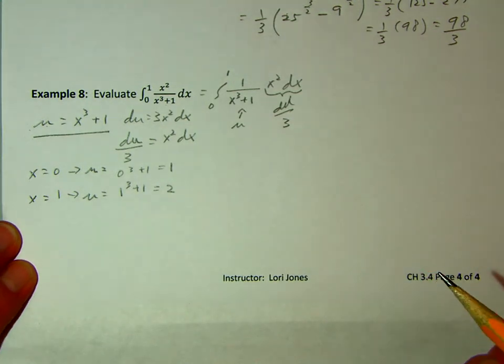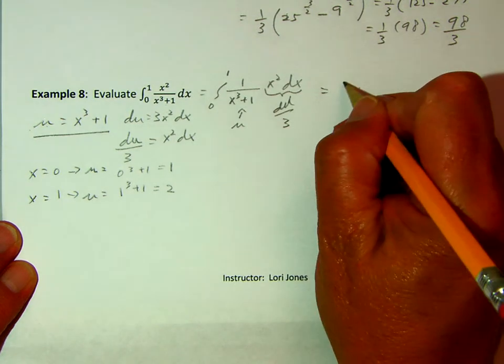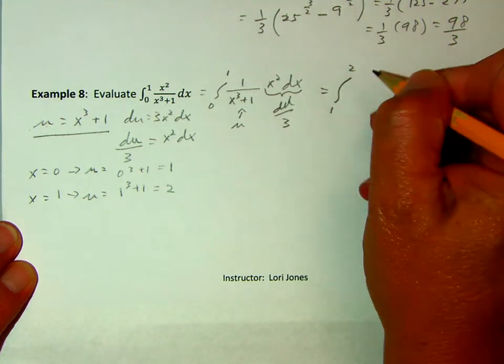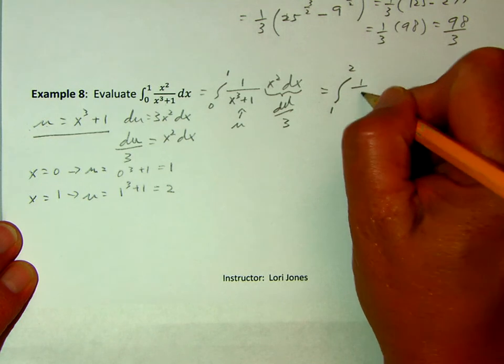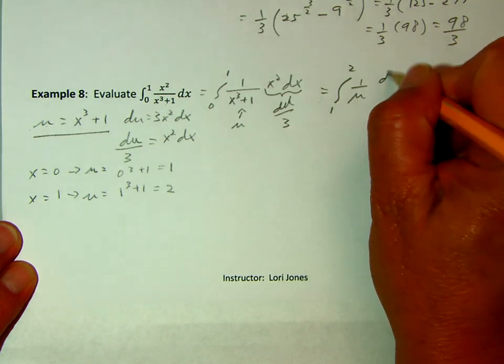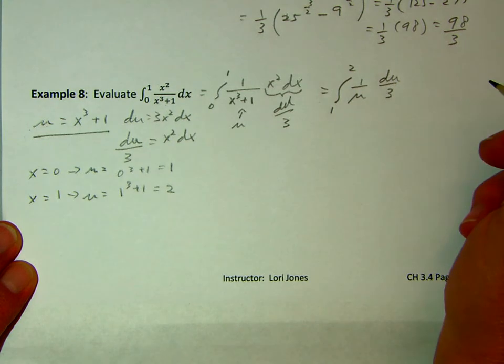So now I've got the integral from 1 to 2, 1 over u du over 3.